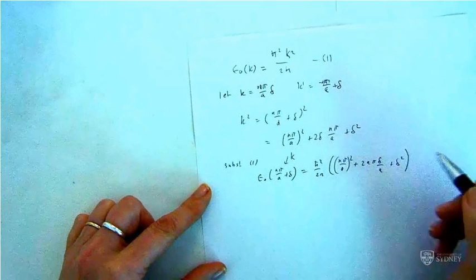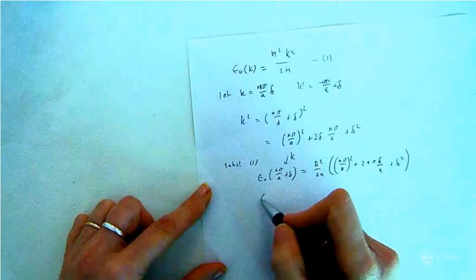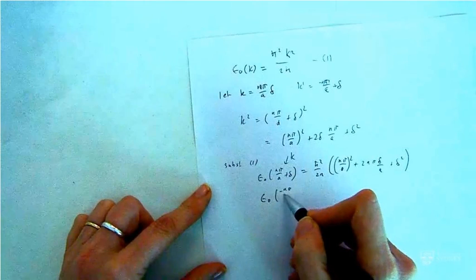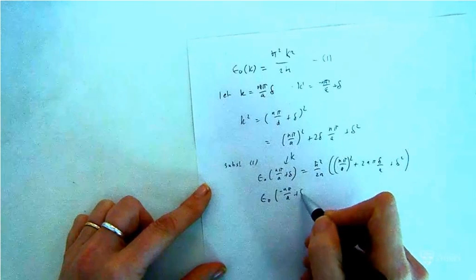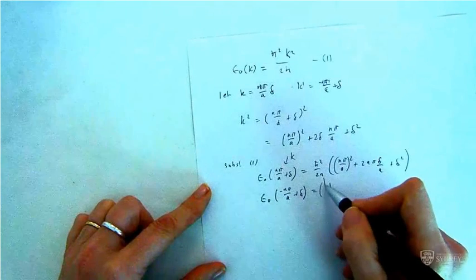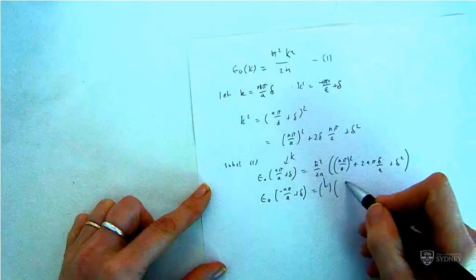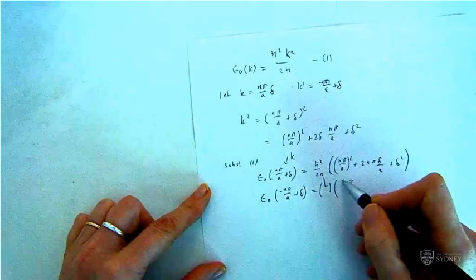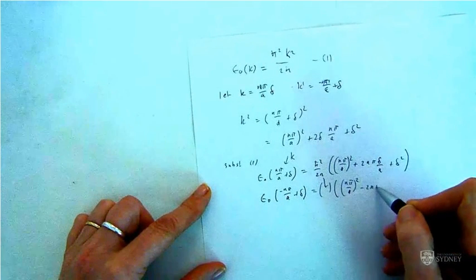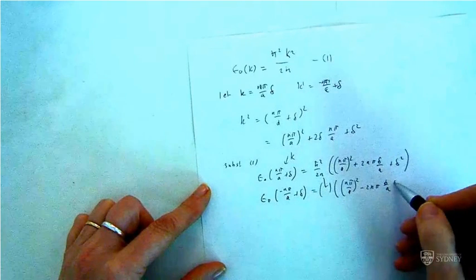And then you can do the same for the other one, the k dash. Same thing here, n pi on a squared minus 2 n pi delta over a plus delta squared.